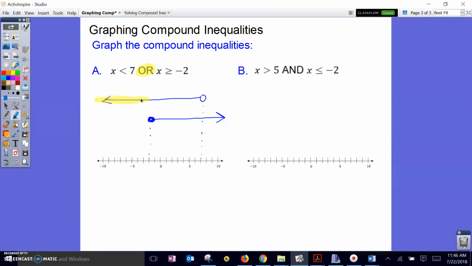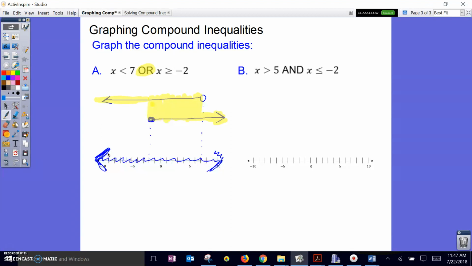All over here, one of them is true. In fact, both of them are true. But over here, one of them is true as well. If you think about it, at least one of those inequalities is true for every number on the number line. So that one would end up being the entire number line. Every single number that exists is either less than 7 or greater than negative 2.